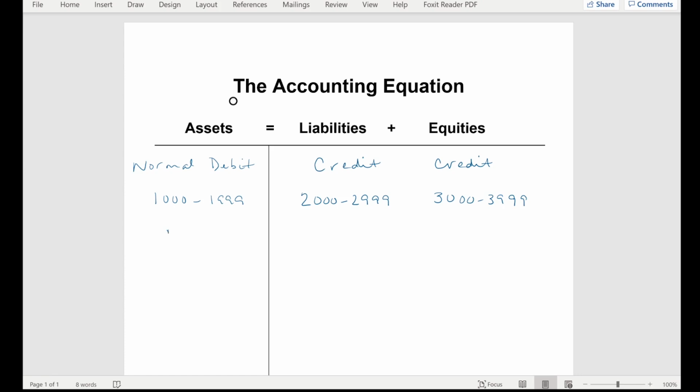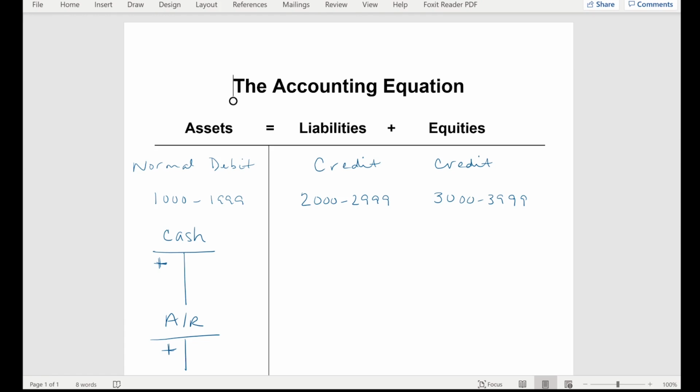And let's take a look at T accounts. Cash is an asset. And on the T account, the normal balance, or to increase the cash account, you're going to debit. For accounts receivable, to increase accounts receivable, that's also a debit.